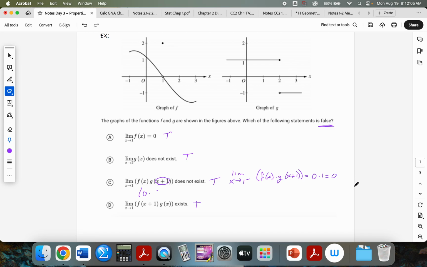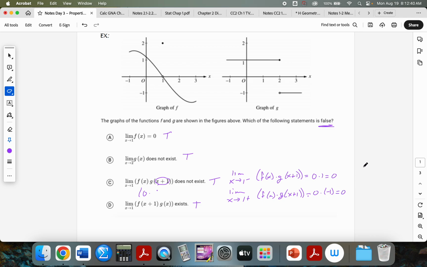That's 0. And the limit as x approaches 1 from the right of f of x times g of x plus 1, f of x still approaches 0. As we approach x is 1, x plus 1 approaches 2 from the right, and as we approach 2 from the right, this approaches -1, which is also 0.